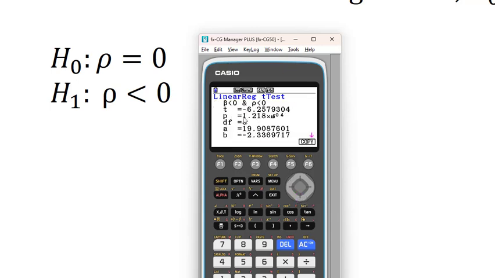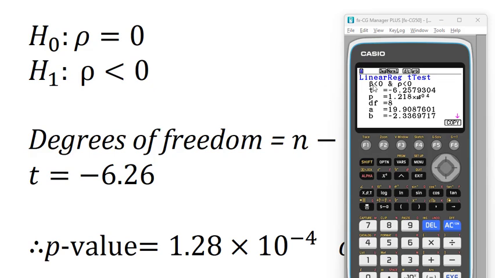And it tells me a p-value, a t-value, and a number of degrees of freedom. You must write all of these 3 things down. Using the degrees of freedom and the t-value, the calculator calculates the p-value. So I literally just copy this down. The degrees of freedom is 8.